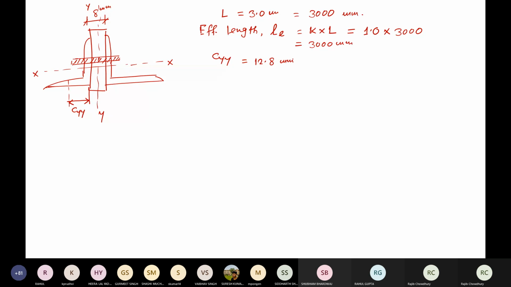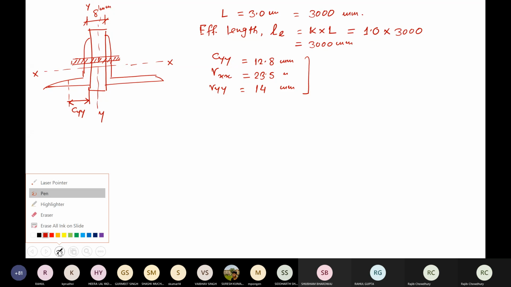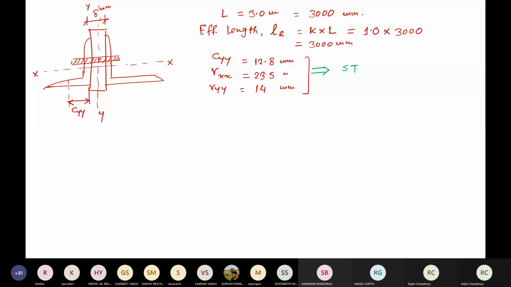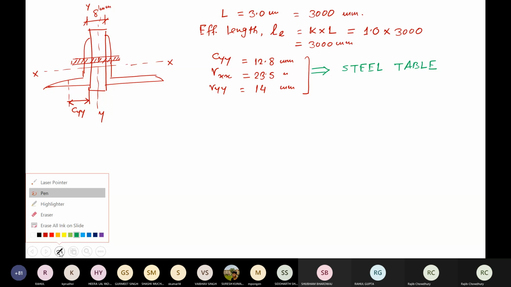CUYY is of the angle, RXX, radius of gyration, 23.5 mm, RYY is 14 mm. Okay, so this entire thing you can identify from the steel table, based on the data that you have.